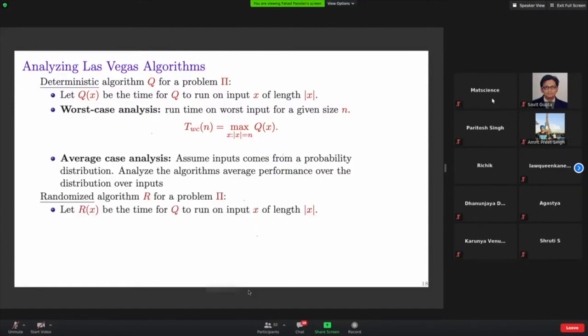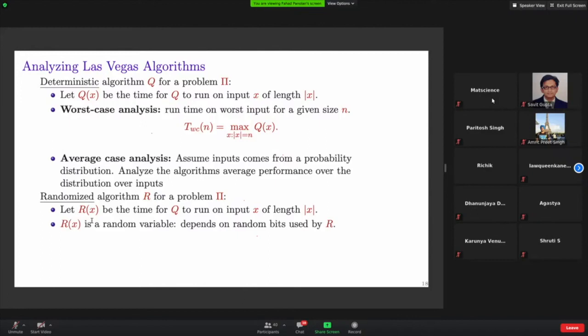Okay. Now on the other hand, how do we analyze the Las Vegas algorithm? Suppose it is a randomized algorithm R for a problem pi, and let R of X be the time for R, sorry for the typo, to run on the input X of length |X|.